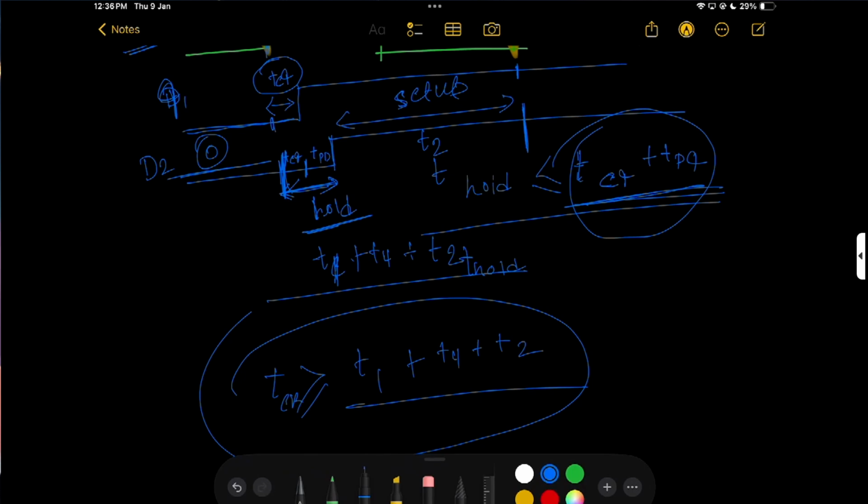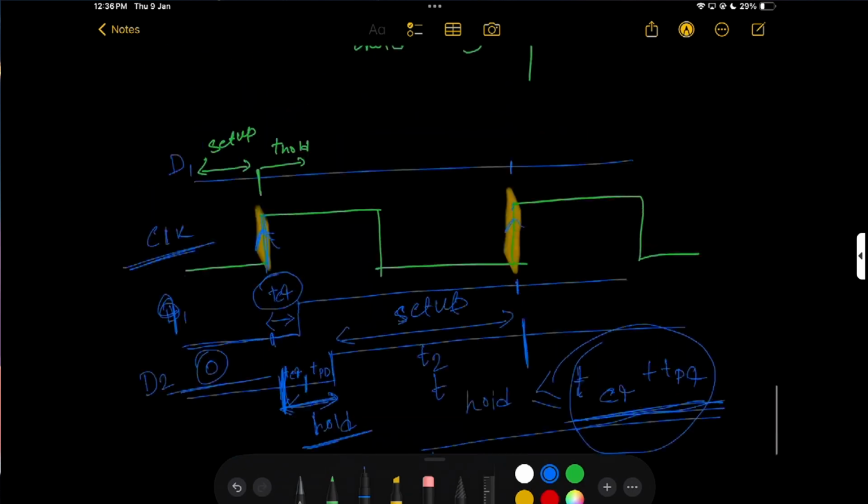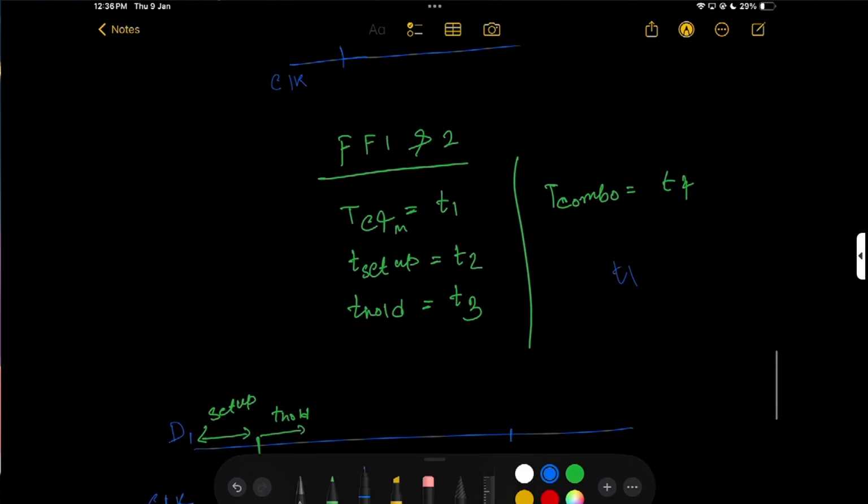The clock to Q delay is T1 and my combinational delay is T4, so T1 plus T4 is always greater than the T hold time of my flip flop.